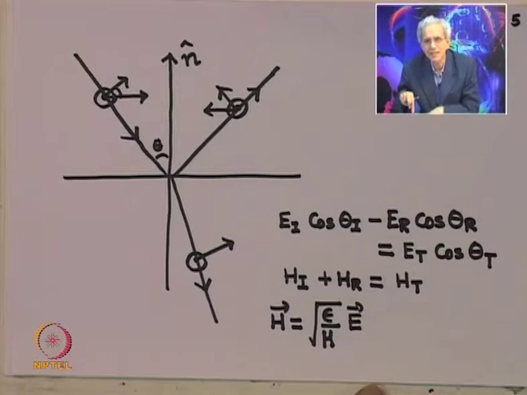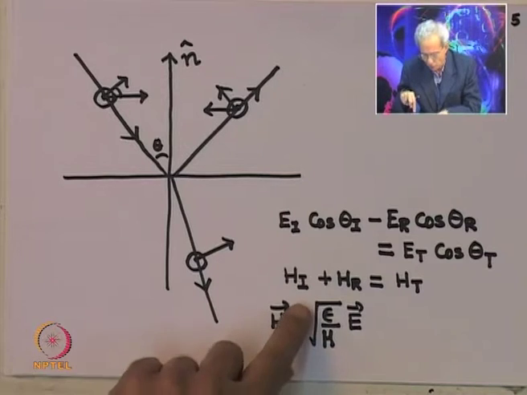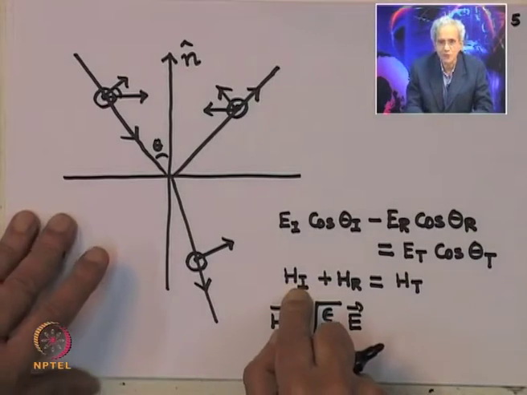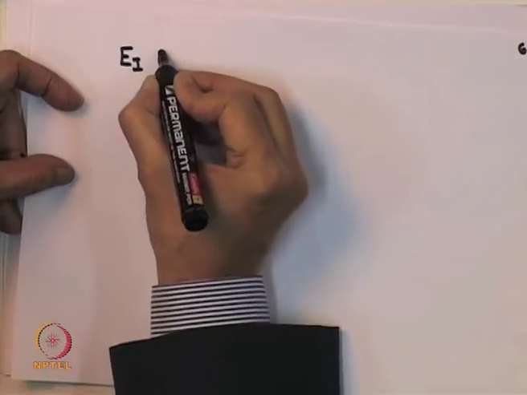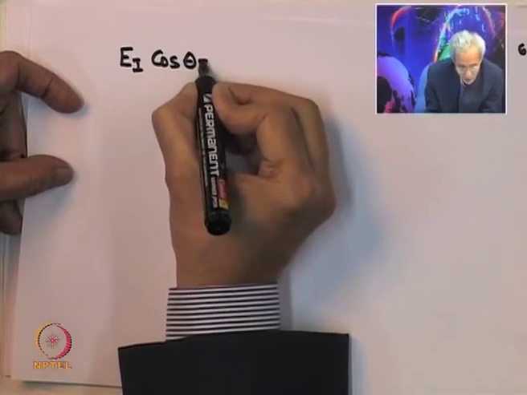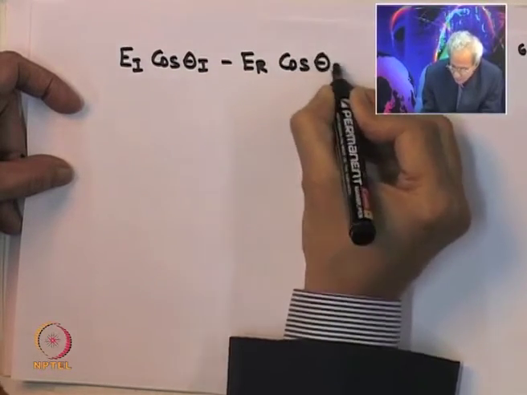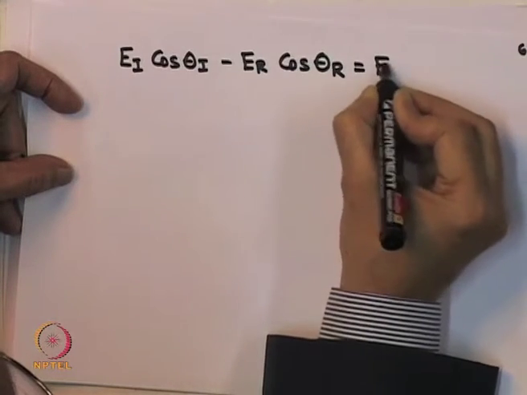And B and H are related by B is equal to mu times H. If you do that, then you find H is equal to square root of epsilon by mu times E. If you plug it into this equation, what you find is, let me write the pair of equations again. I have got E I cos theta I minus E R cos theta R is equal to E t cos theta t.